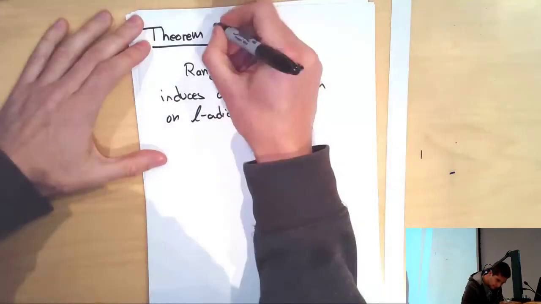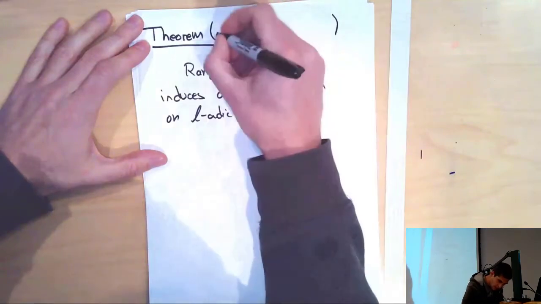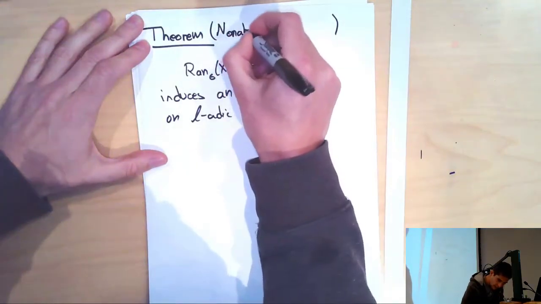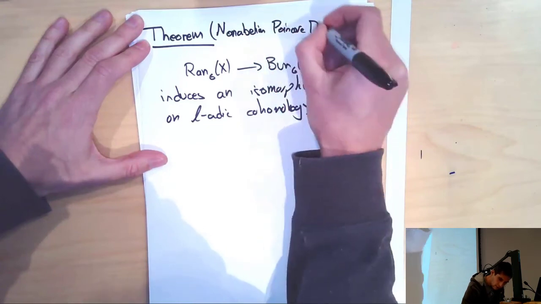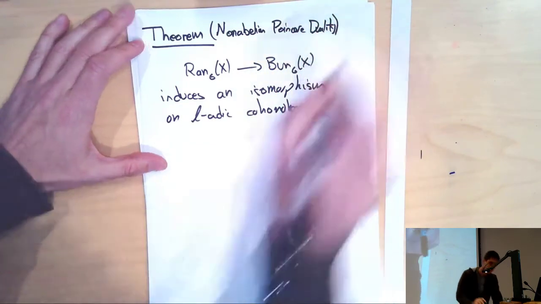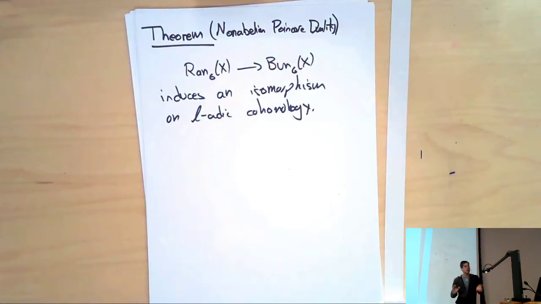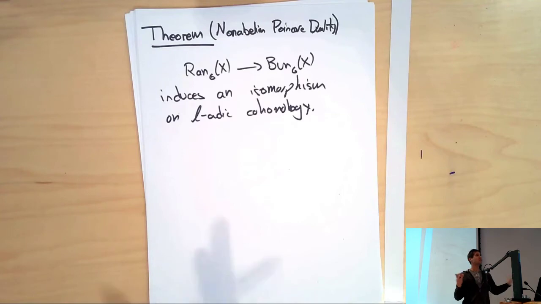So I like to call this theorem non-abelian Poincare duality. And I'm not going to really explain the reason that I want to give it that name, other than to say there's a way of viewing this as an analog of Poincare duality in this setting where it's sort of Poincare duality on X, which is a smooth projective curve, with coefficients in the non-abelian group G.